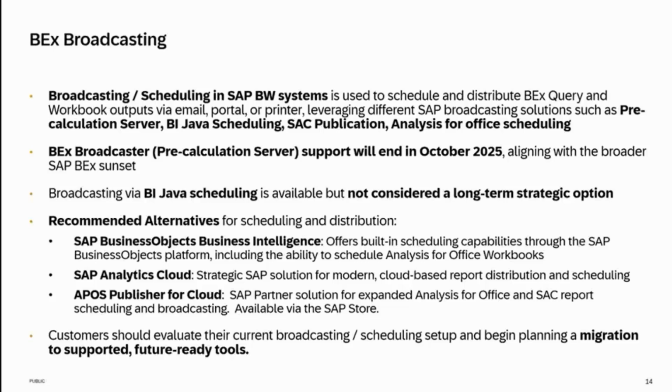And you should be contacted by SAP just to make sure that you've got a plan in place. And if you need any guidance and help in terms of next steps and how to get to some of these solutions like APOS Publisher for Cloud, those would be some of the discussions that would happen there.